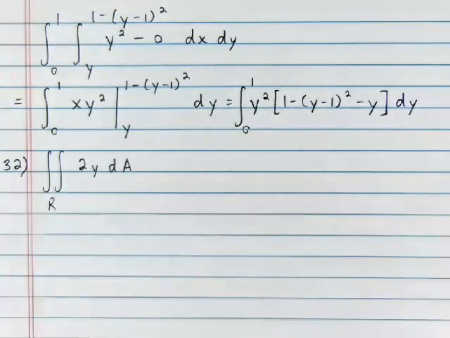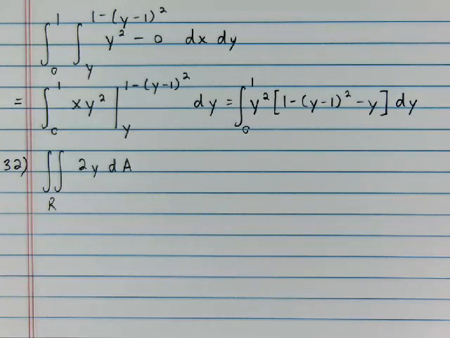And then they describe our region for us. They say R is the region between the graph of y equals sine of x and the x-axis, on the interval 0 to 3 pi over 2.